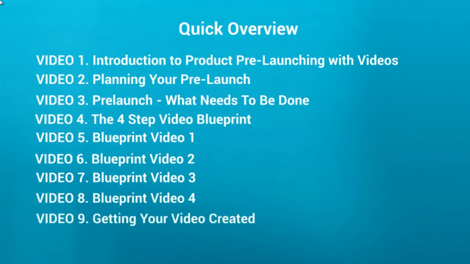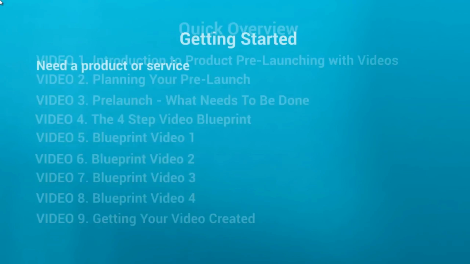And last but not least, we have video number 9, which is getting your video created. So once you have an idea of what it should look like for videos 1, 2, 3, and 4, we want to give you a better direction on how you can get your videos created, either by yourself or you can hire a professional video spokesperson. Where do you go for that? And all of that.